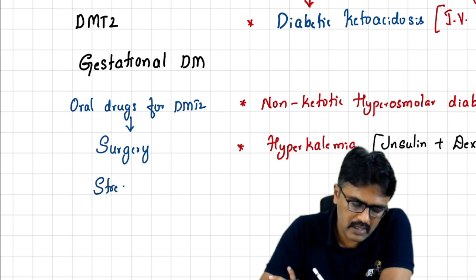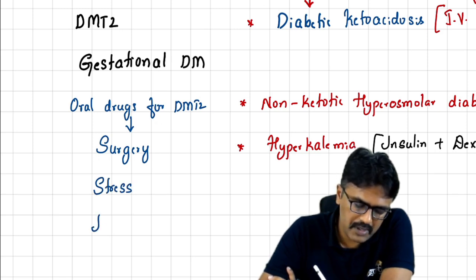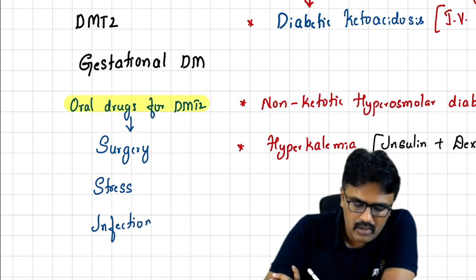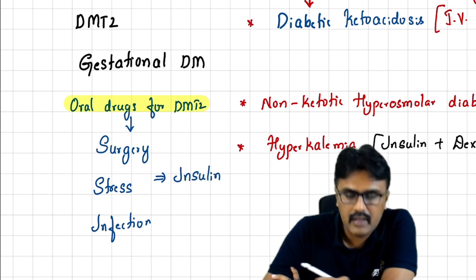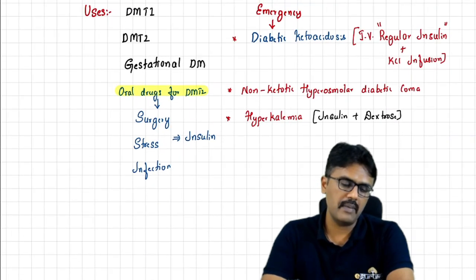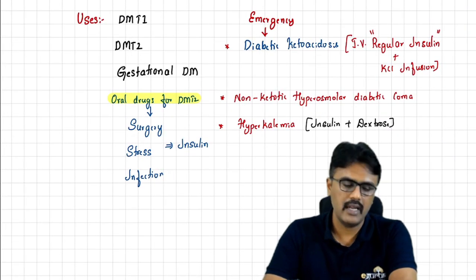Suppose the patient is under stress, or is having infection, so what we do is shift the patient who is on oral drugs to insulin. So this is how we can combat this crisis. So these are the uses of insulin, that is diabetes type 1, type 2, gestational, and in emergency, 3 conditions I have told you.